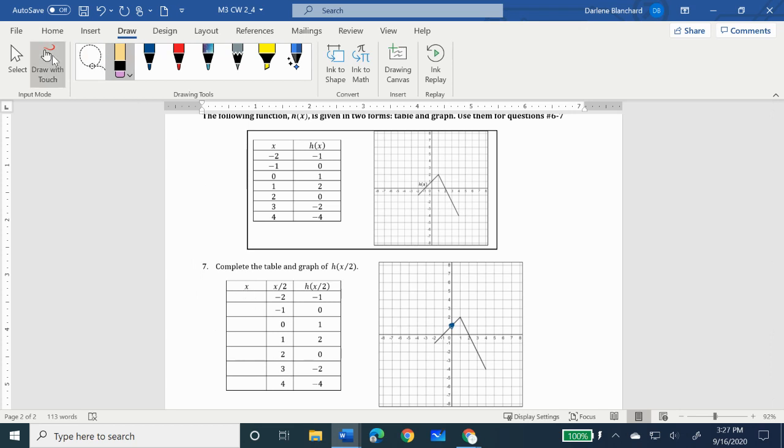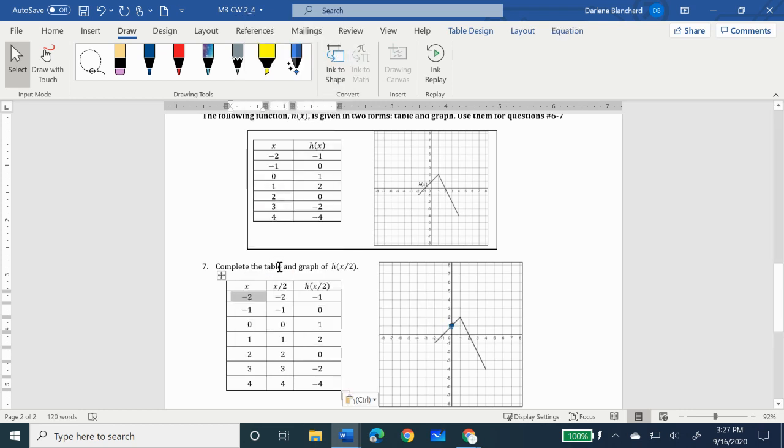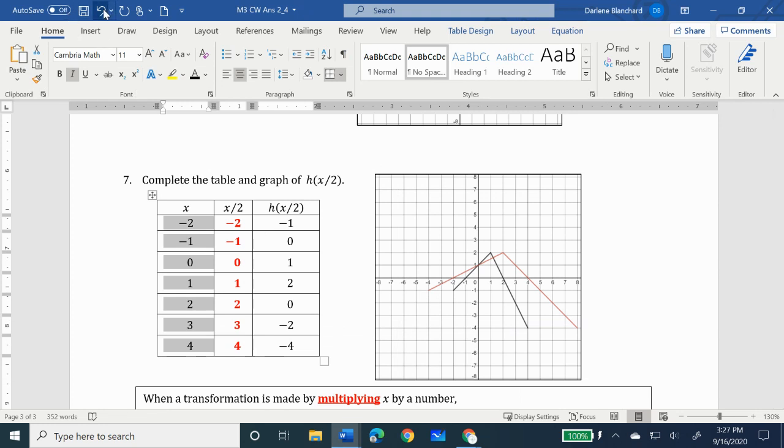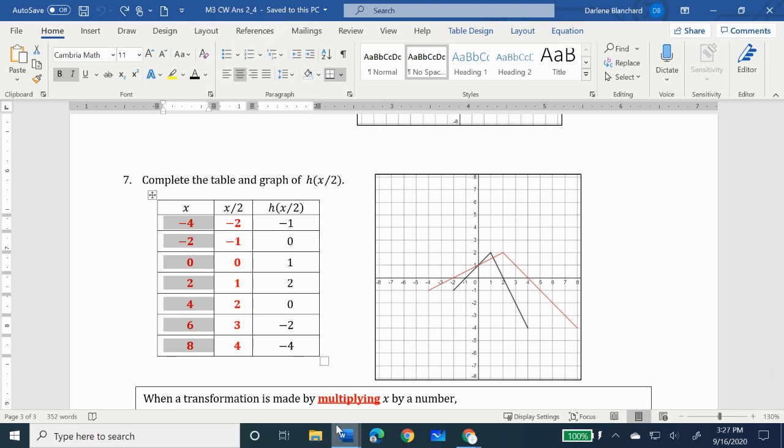Yeah, that's right. Select. Now I can put things in. Paste. What did I do? I messed up. I know exactly what I did. And unfortunately, you're going to have to sit through this video until I get to the point of editing.